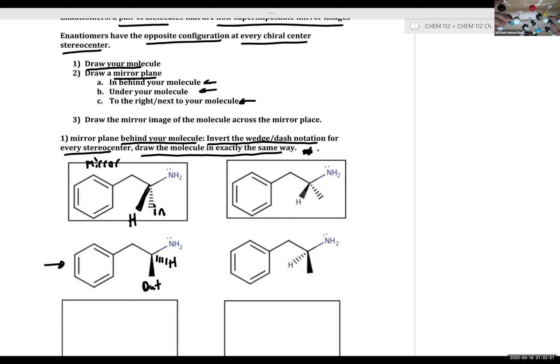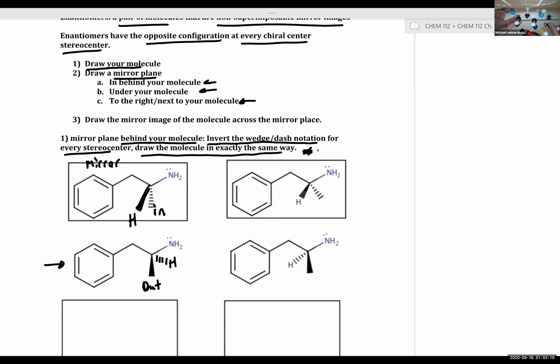Does everyone see that? So here's what I did. I didn't flip any stereocenter. I literally just turned my molecule around and changed our view. This is why when you draw enantiomers, when you follow these rules, you need to draw the molecule exactly the same, okay?